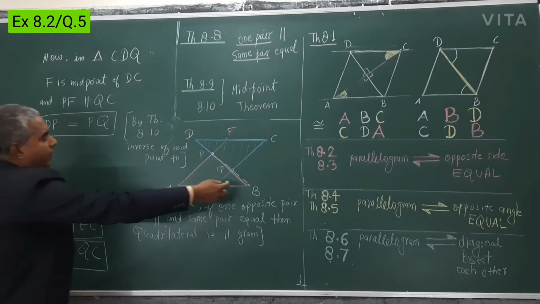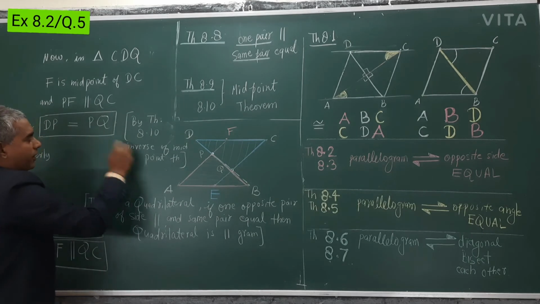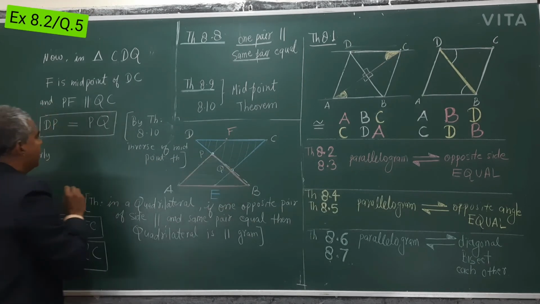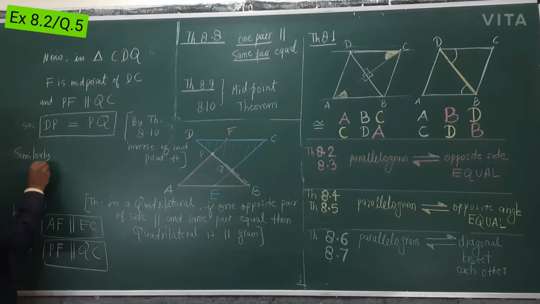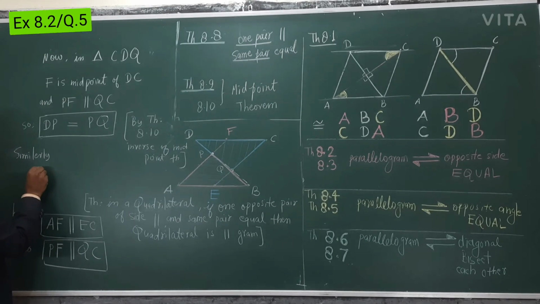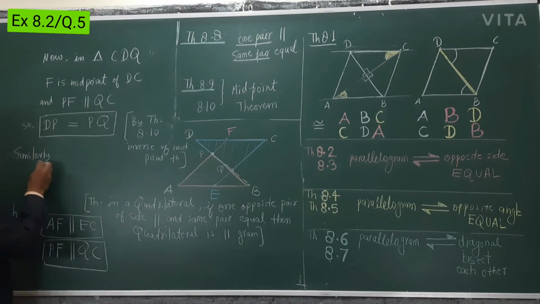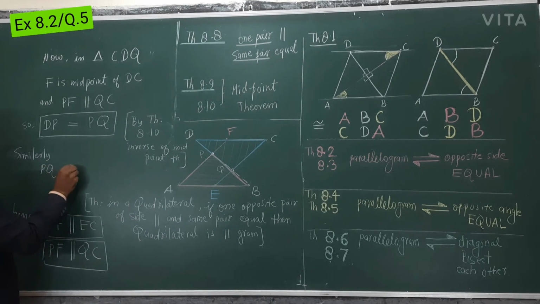Similarly, this PQ, so BQ is equal to QP, PQ is equal to QB. First write it: PQ is equal to QB.